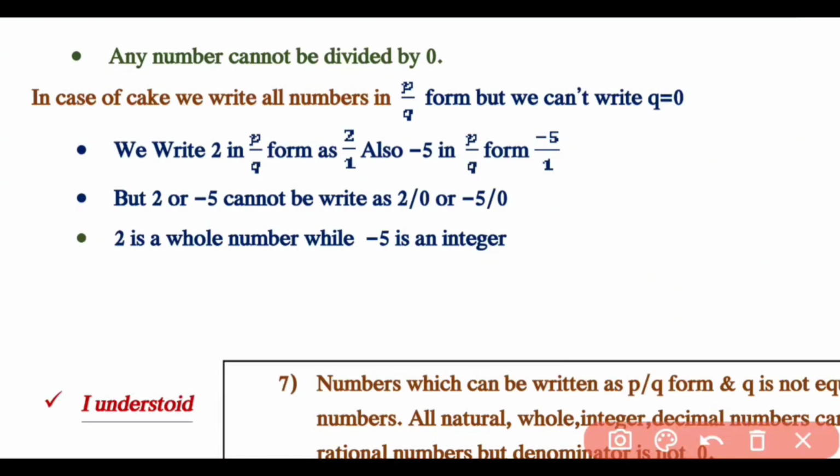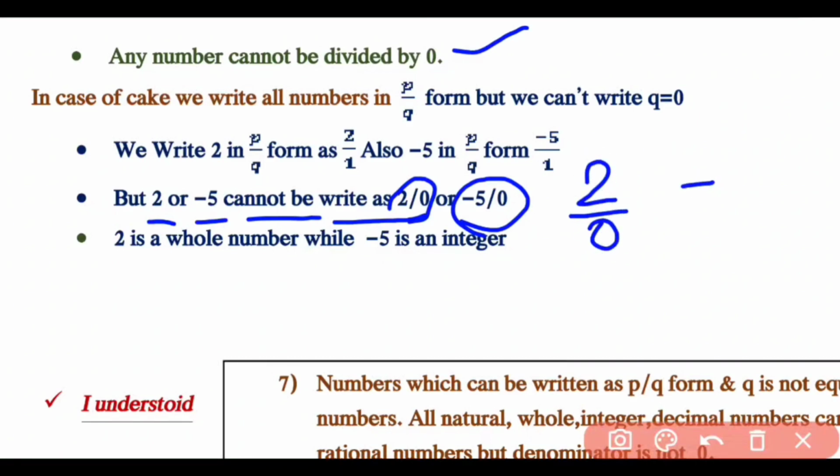But 2 and minus 5 cannot be written as 2 upon 0 and minus 5 upon 0. As in the beginning we have seen, any number cannot be divided by 0. That means we cannot put 0 in the denominator of any number.